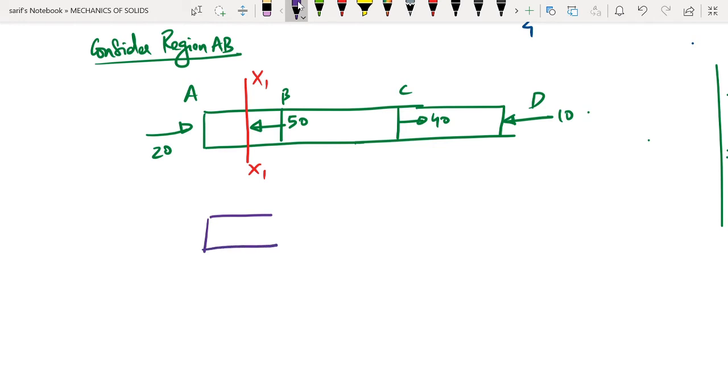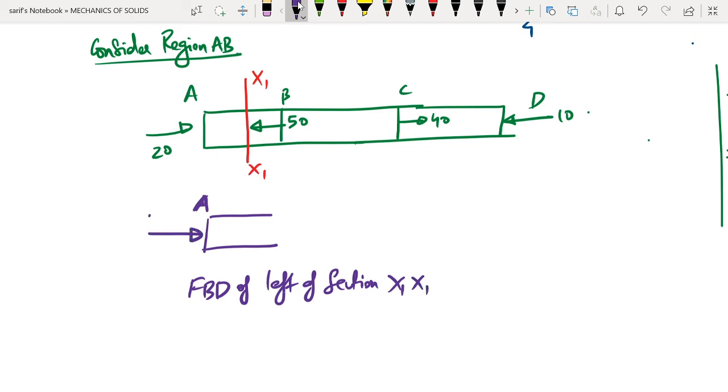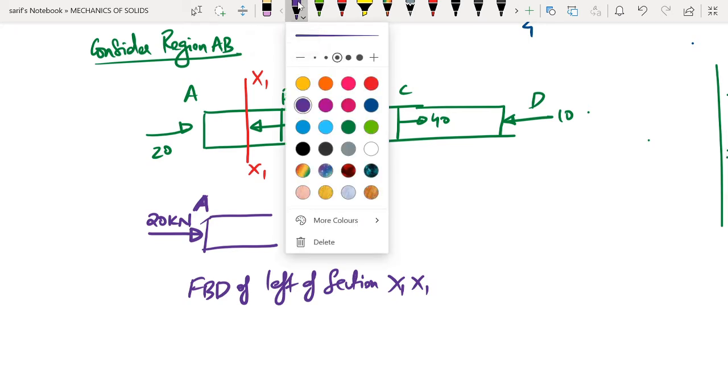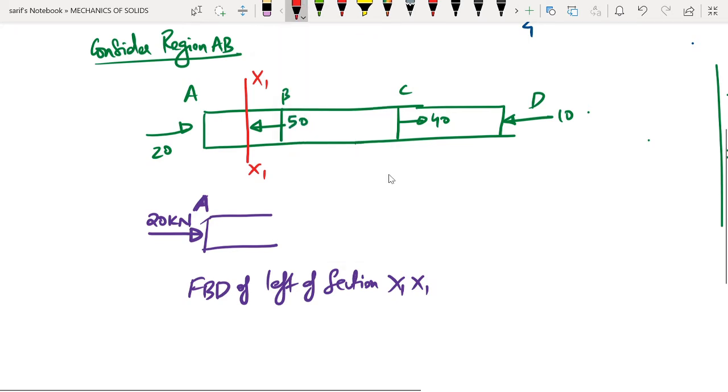So the free body diagram of the left of the section x1 x1 will look like this. We have a force of 20 kilonewton acting inwards. This is the section x1, x1.